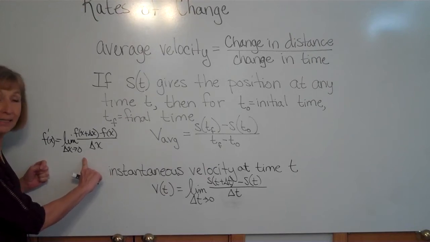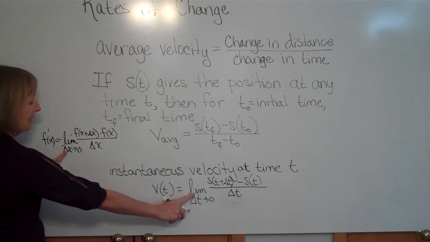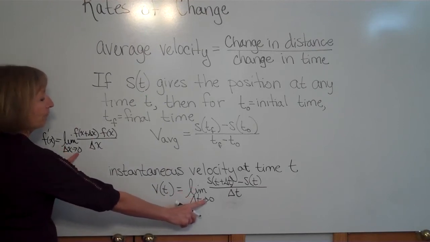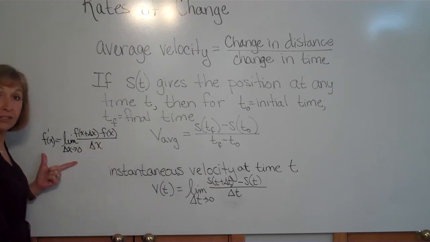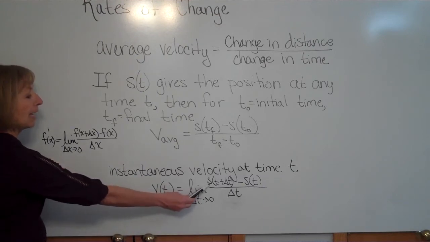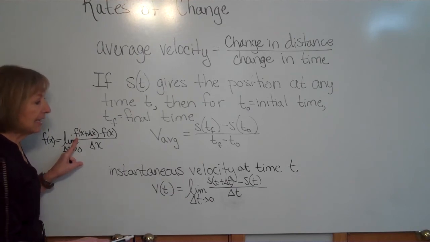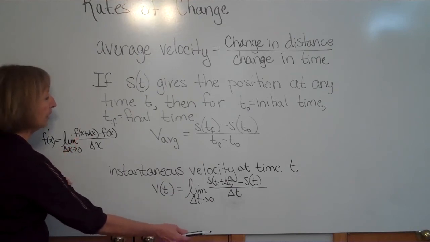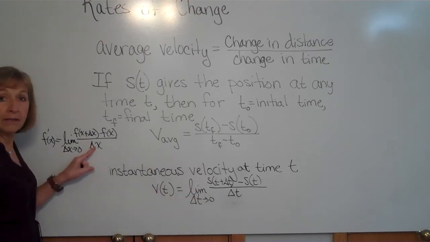Well, notice here, this is exactly the same structure as the definition of the derivative. It's just that here my output function is s, where before our output function was f, and our independent variable here is t, where before our independent variable was x.